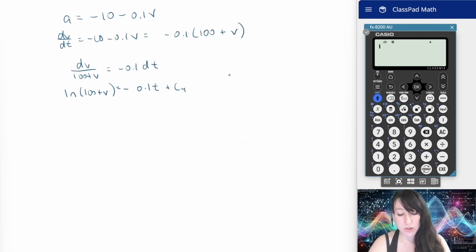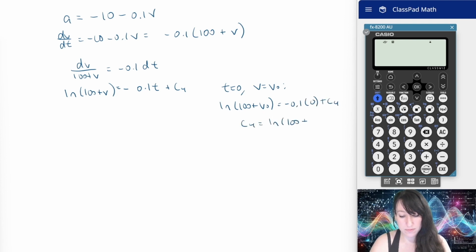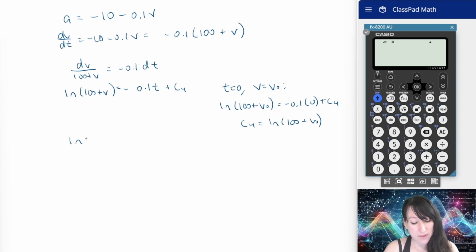Now, on the upward journey, when t is 0, v is v naught. So C4 is ln of 100 plus v naught, and so we have ln of 100 plus v equals negative 0.1t plus ln of 100 plus v naught.